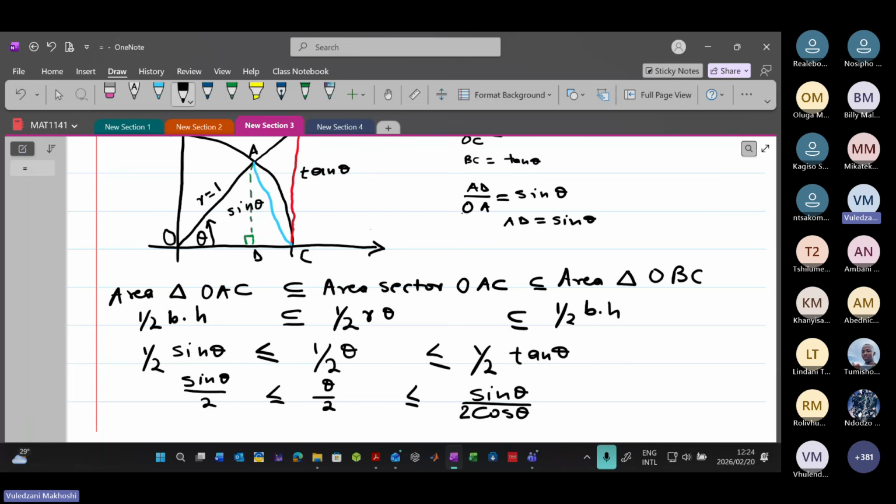So in this arrangement, let us multiply throughout by 2 over sine theta.